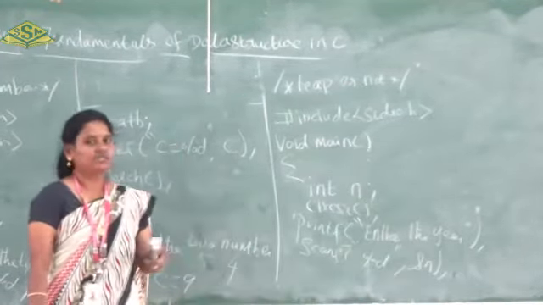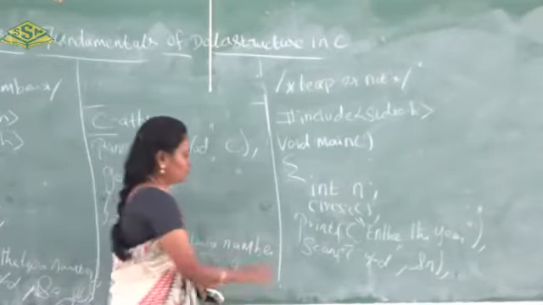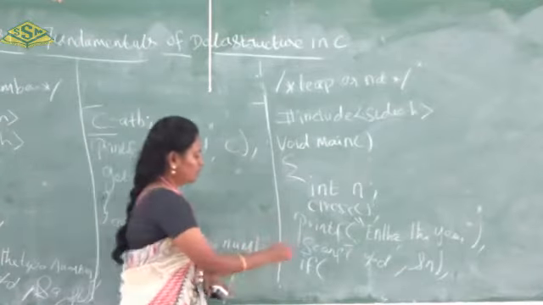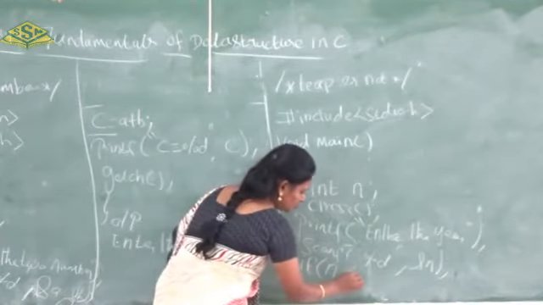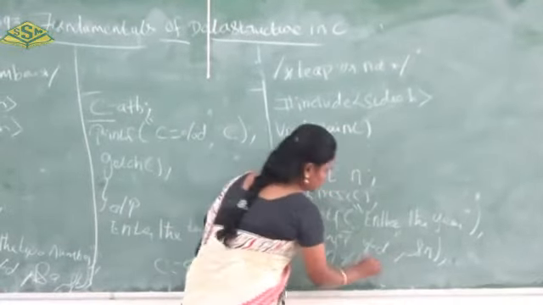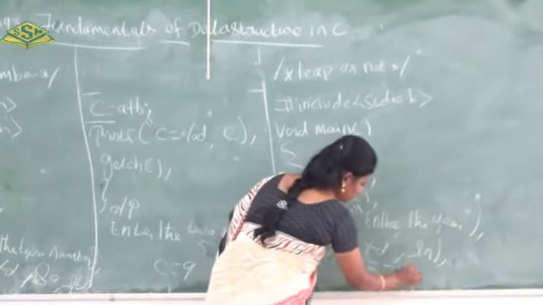Then we have to check whether the year is a leap year or not. So we have to use the if statement. In this if statement, we give n percent 4, that is double equal to 0.